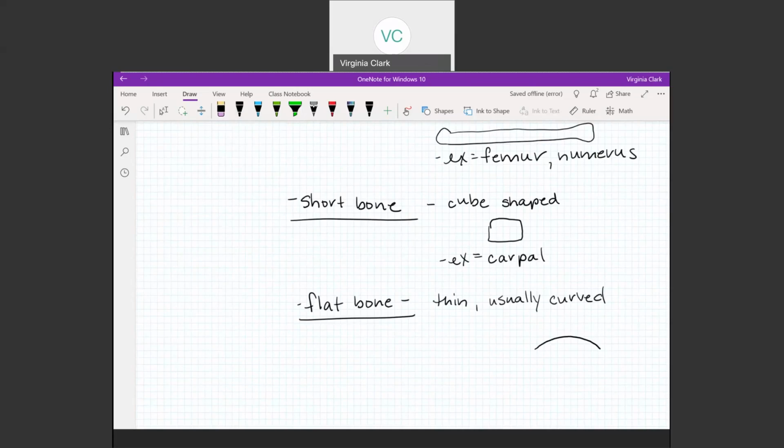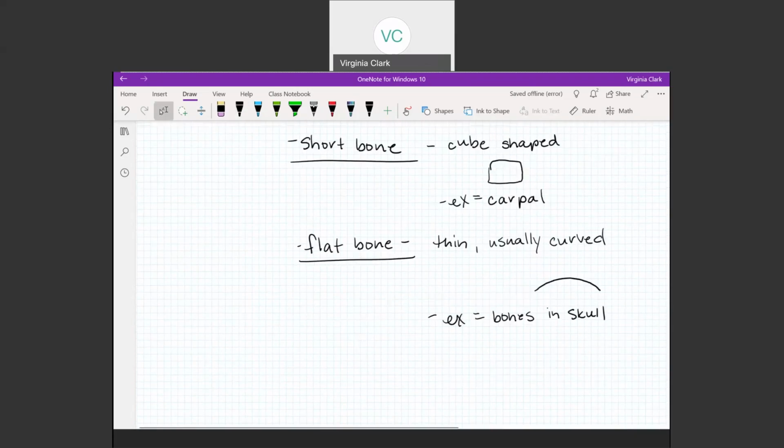An example of a flat bone looks like a piece of bread. It's super skinny, super thin, but it kind of has a curve to it. An example of this is going to be all of the bones that are found in the skull. All of these will have a rounded but very thin flat bone characteristic.